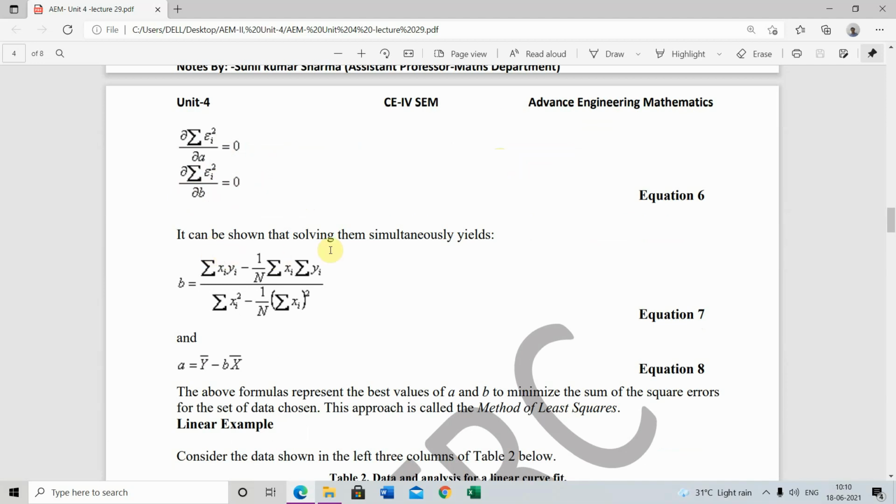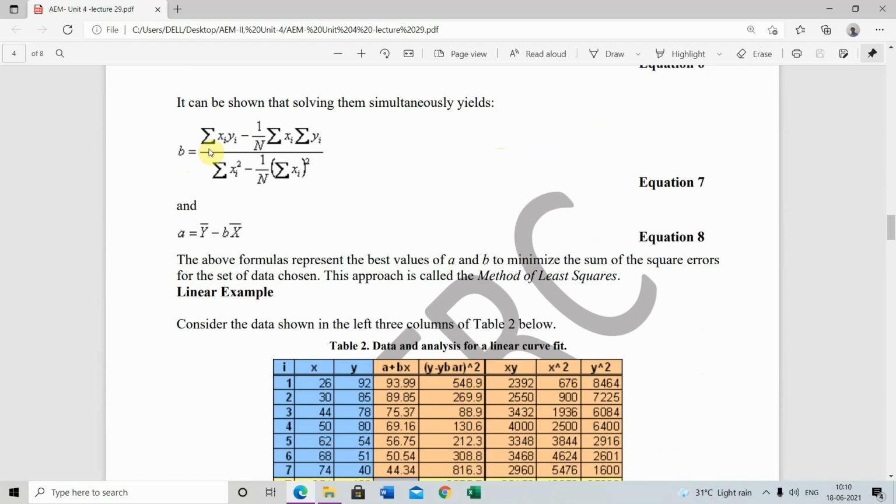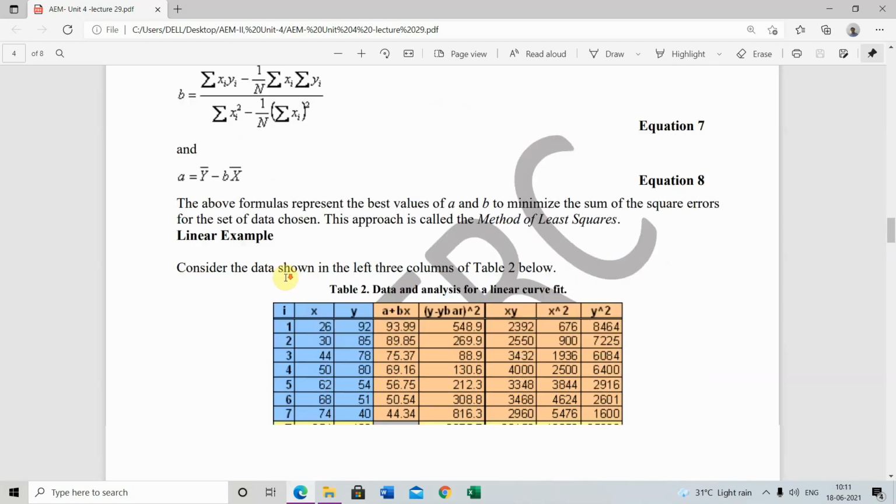It can be shown that solving them simultaneously yields b equals summation xi yi minus 1 upon n summation xi summation yi, upon summation xi square minus 1 upon n (summation xi) whole square, and a equals y bar minus b x bar. The above formulas represent the best fit values of a and b to minimize the sum of the squares error for the set of data chosen. This approach is called the method of least squares.